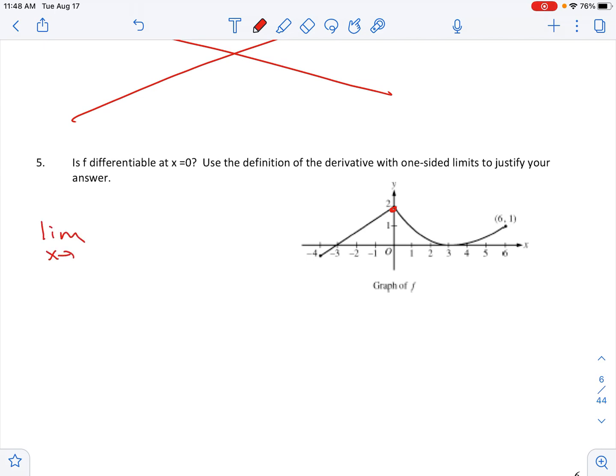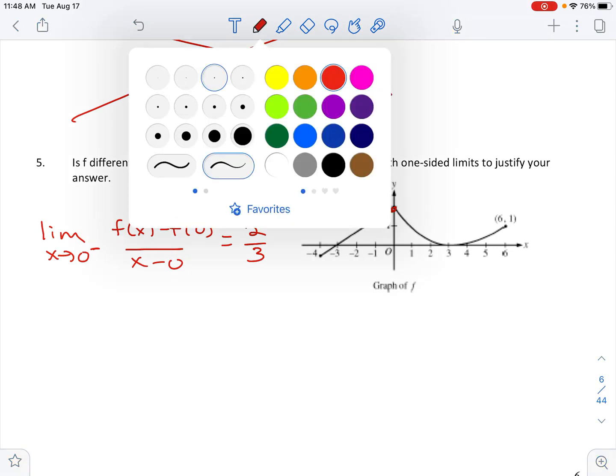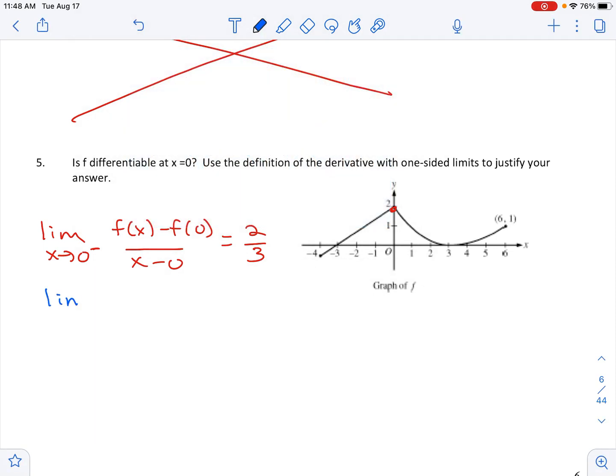So if I look at, as I approach 0 from the left side, it is a straight line, so I can figure out the slope of this line exactly is 2/3. Okay, let's go ahead and do the right side limit derivative.